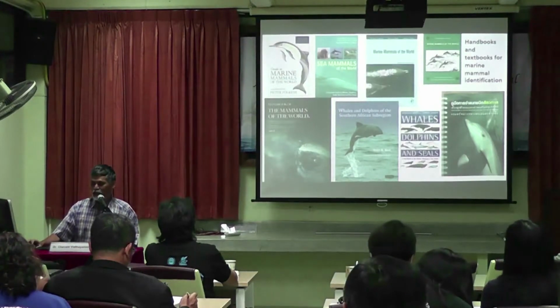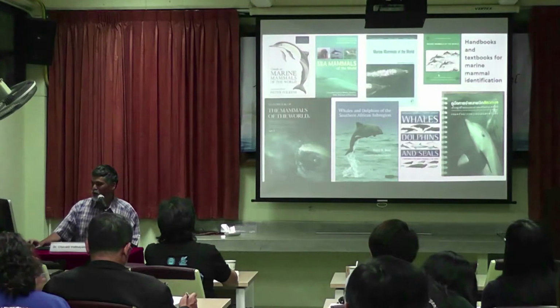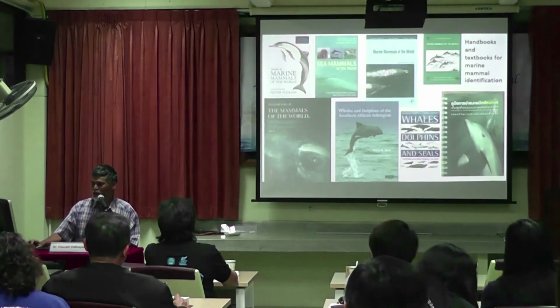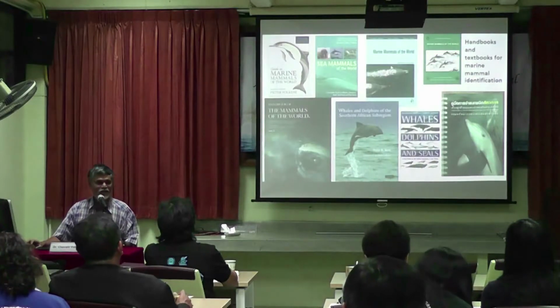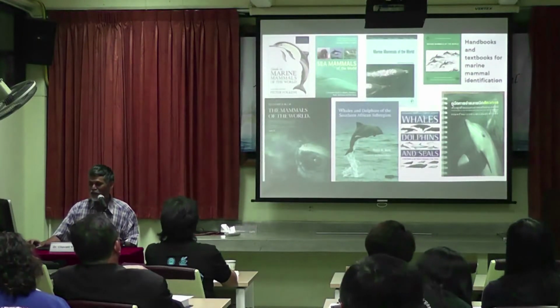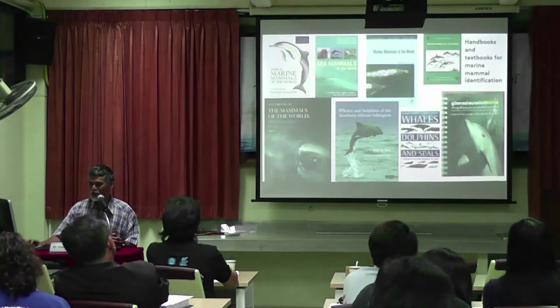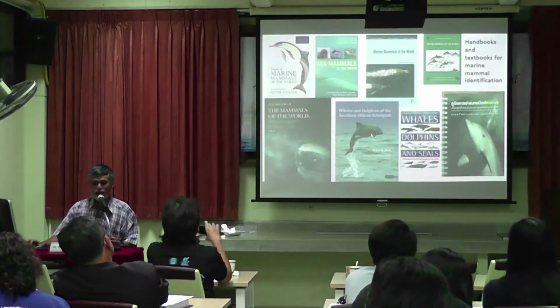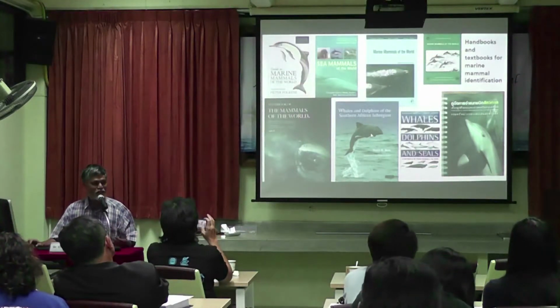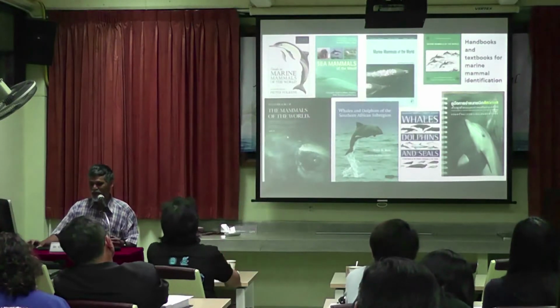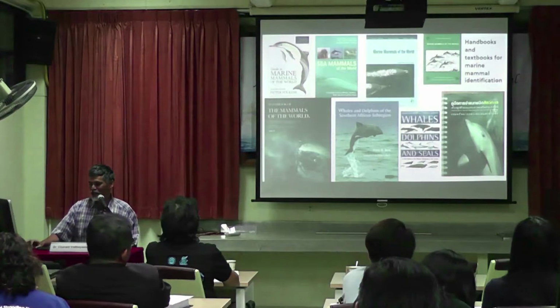Many publications are common in bookstores, like this one. FAO also published one, but it is quite rare right now. And for some textbooks, you have to browse Amazon.com. You can see many books on the marine mammals of the world. Identification guides are accessible and not much expensive, but some books are quite expensive and rarely accessible, like the African one.